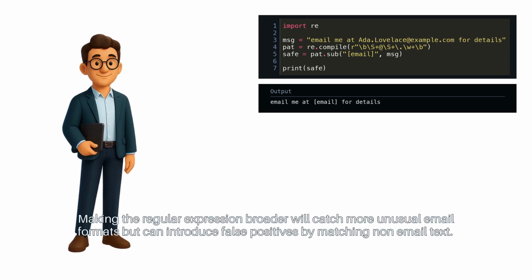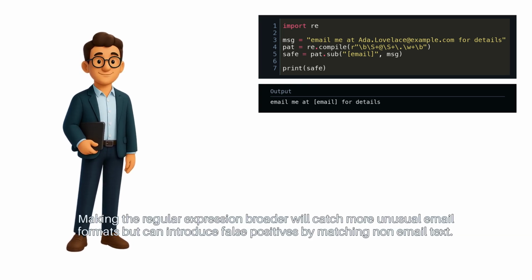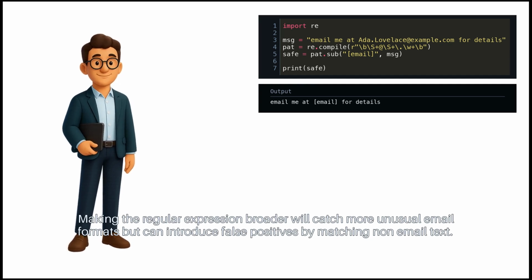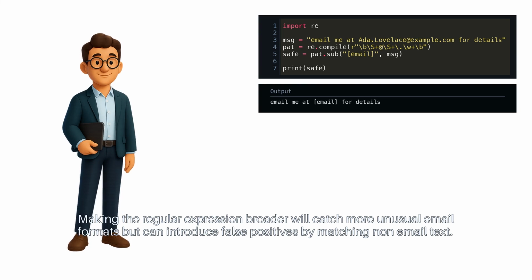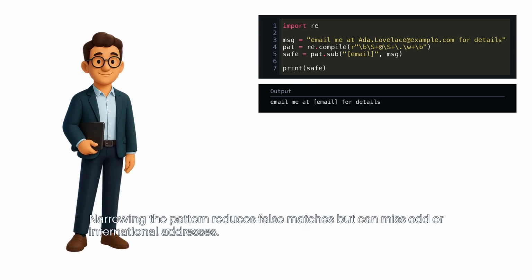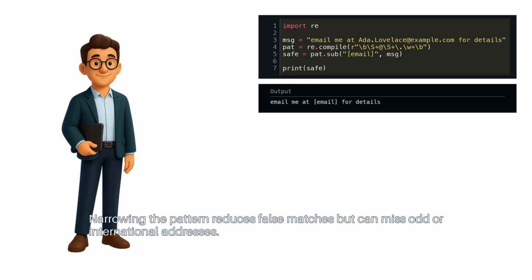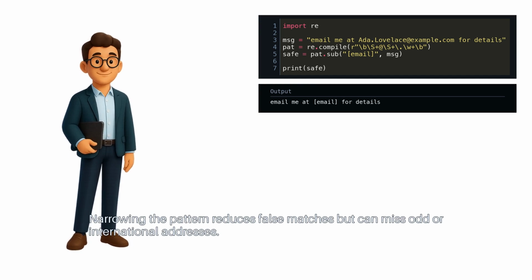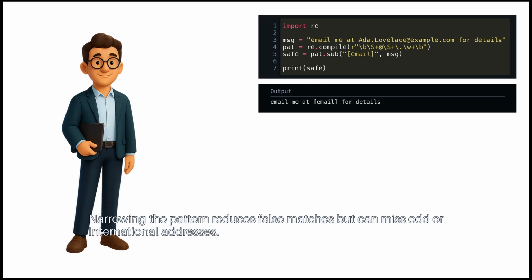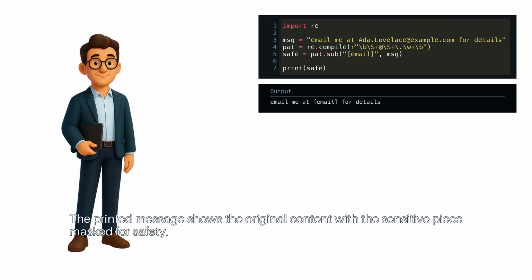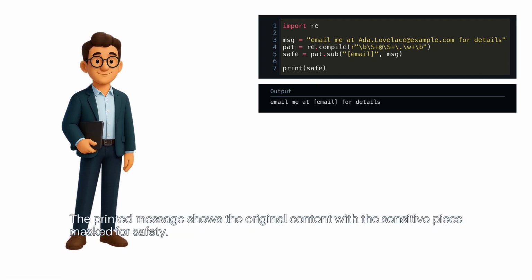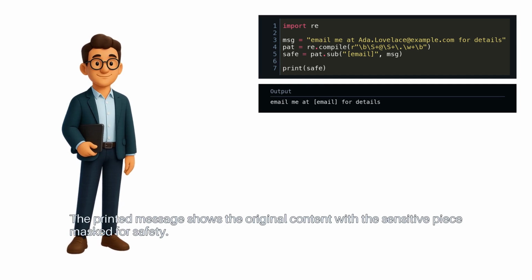Making the regular expression broader will catch more unusual email formats, but can introduce false positives by matching non-email text. Narrowing the pattern reduces false matches, but can miss odd or international addresses. The printed message shows the original content with the sensitive piece masked for safety.